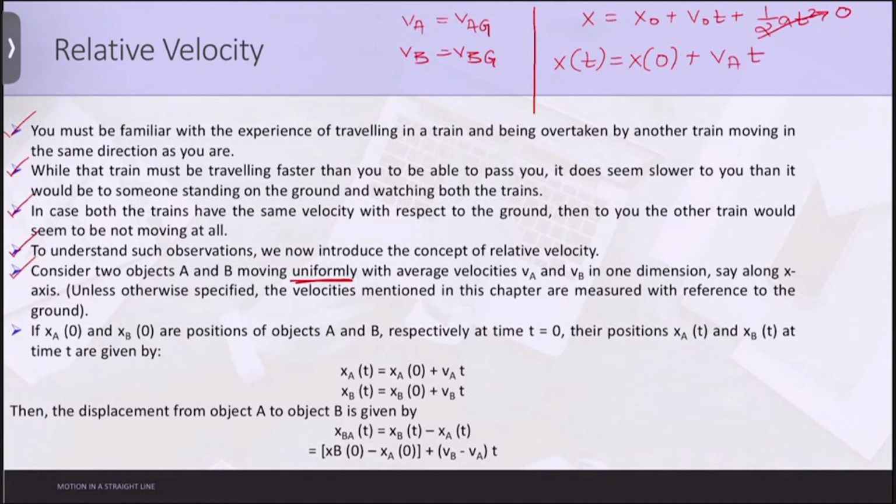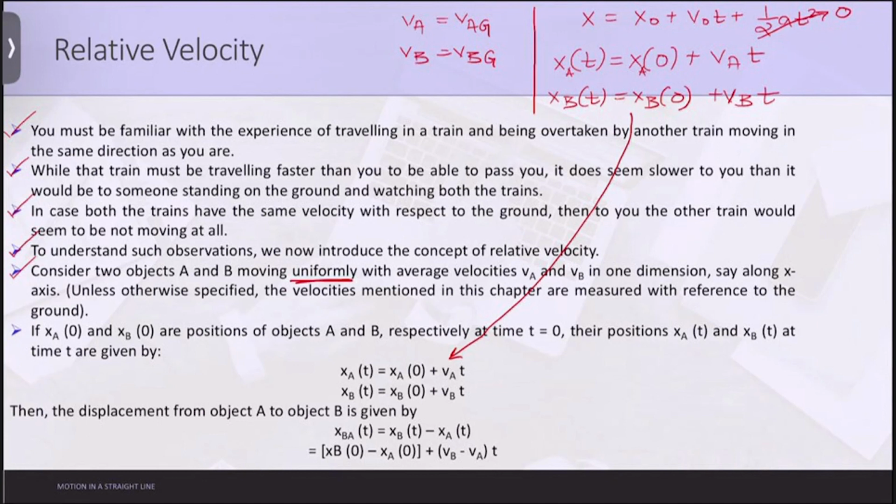So XA of t is equal to XA of 0 plus VA t, and similarly for B, XB of t is equal to XB of 0 plus VB t.